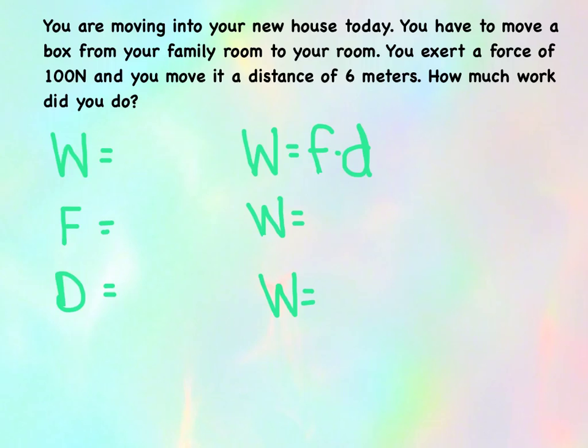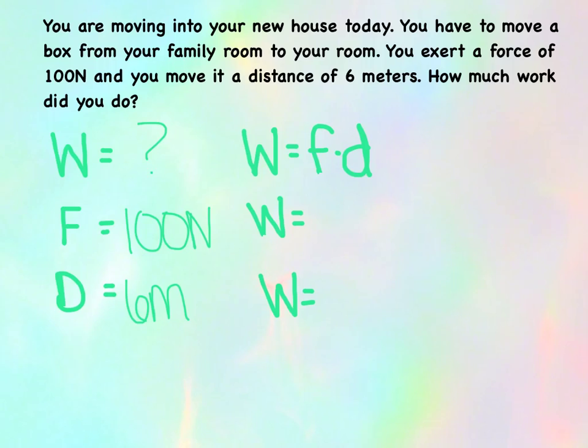Okay, so we want to start by adding our known and unknown products to this corner. So we are solving for work, so we don't know what that is. And then we do know what the force is, which is 100 newtons. And then we do know what the distance is, which is 6 meters.